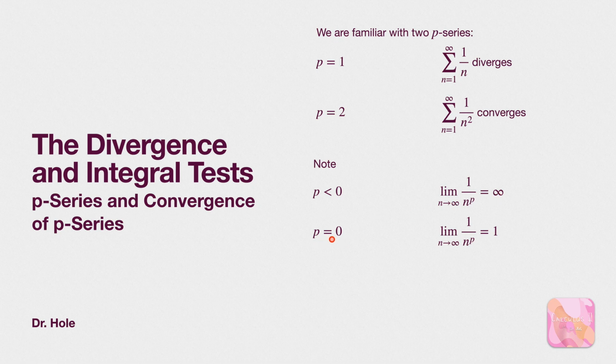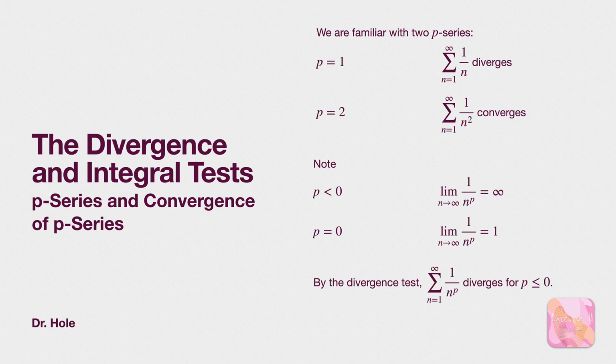Likewise, if p is equal to 0, we're taking the limit of 1, and 1 is, again, not 0. So, for p less than or equal to 0, the p-series diverges.